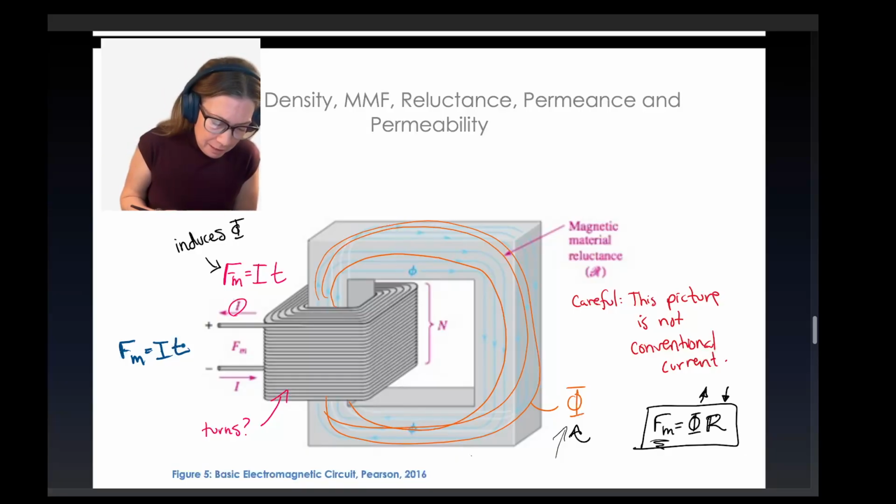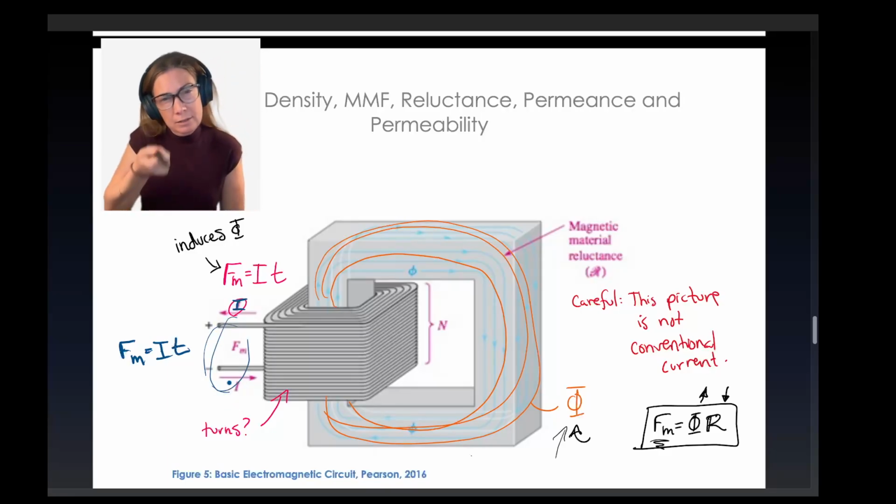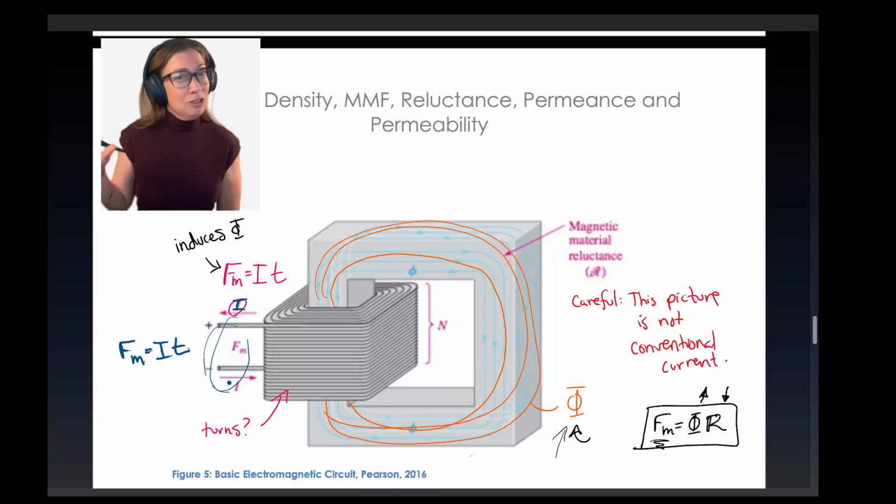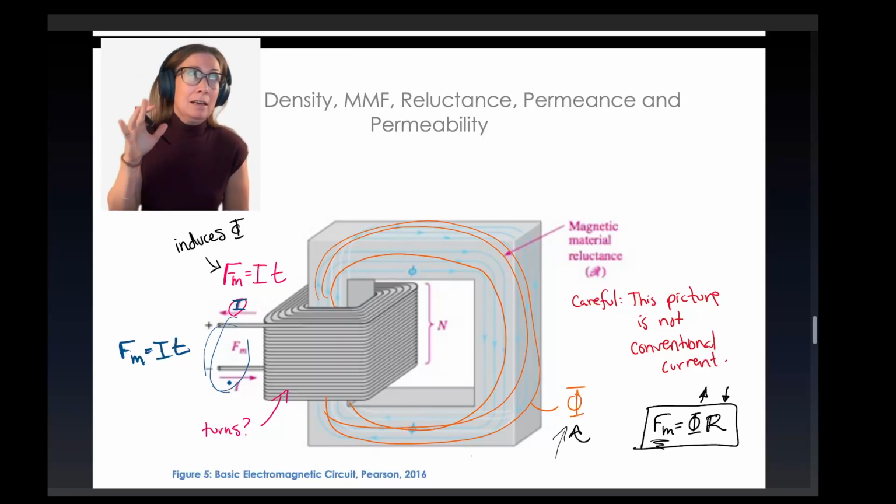Here's the current I. The picture that is shown is not in conventional current, so don't do a right-hand rule on it. I'm going to keep the directions off my flux lines because I don't want to do the right-hand rule on something that is not in conventional current flow.